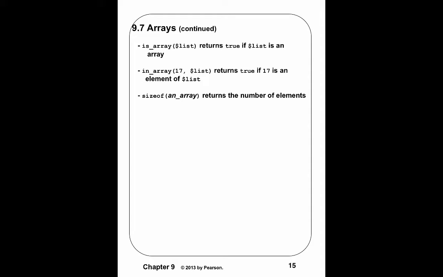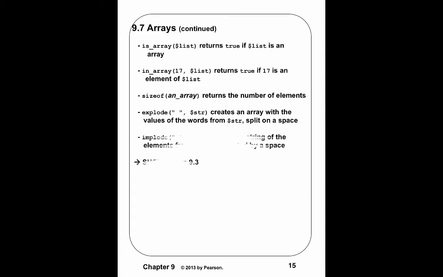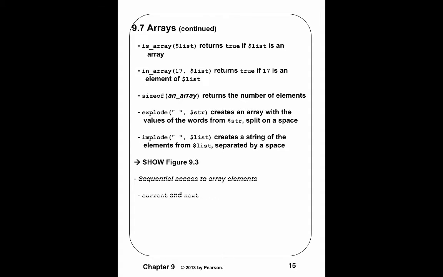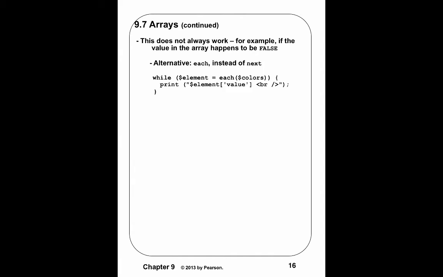You can use the sizeof function to return the number of elements. You can use explode to create an array with the words from a string, implode, and so on. So $colors here is an array, and you're stepping through each element of the array using the each function.